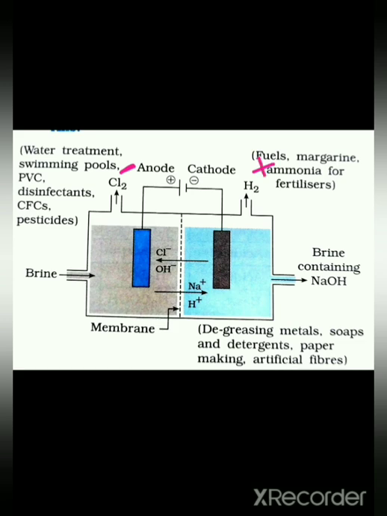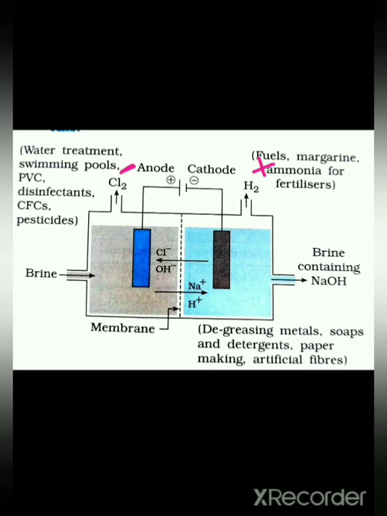So remember, positive ions will get deposited on the negative electrode and negative ions will get deposited on the positive electrode, because we know there is attraction between opposite charges. As we carry out electrolysis of NaCl, it will decompose to form NaOH, sodium hydroxide.